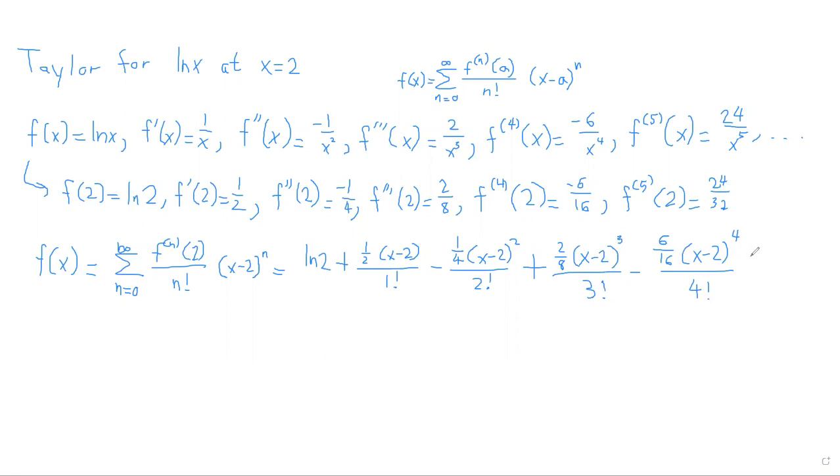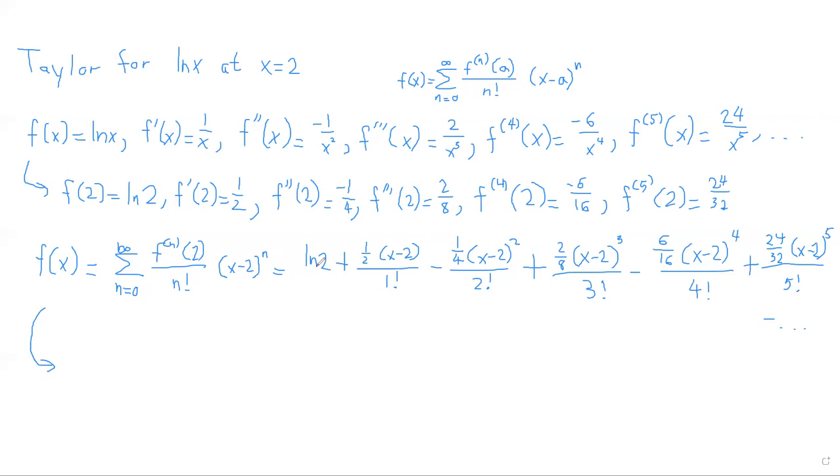Let's do one more, plus 24 over 32 times x minus 2 to the 5th power, running out of space here, over 5 factorial, minus dot dot dot.